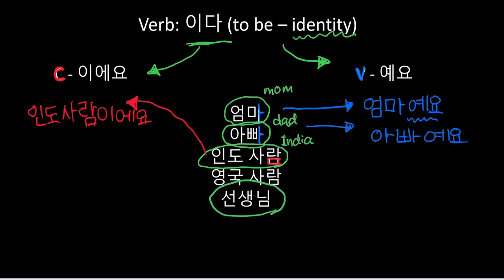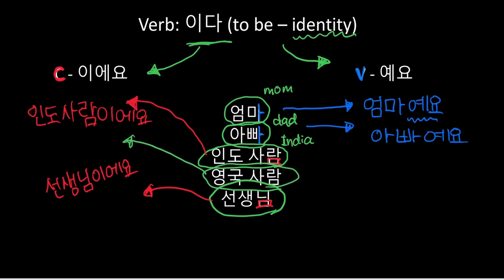It ends in a consonant, so it's going to be 선생님이에요. And last one for fun, 영국 사람, same thing, right? Ends in a consonant, so it's going to be 영국 사람이에요.